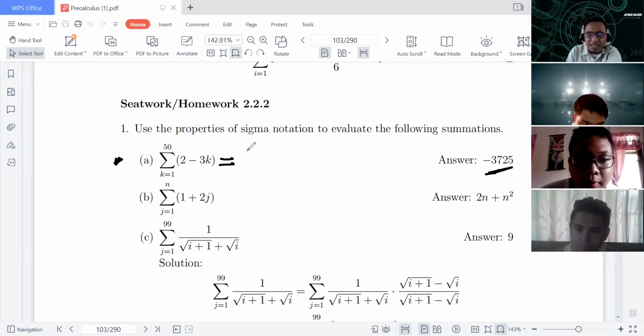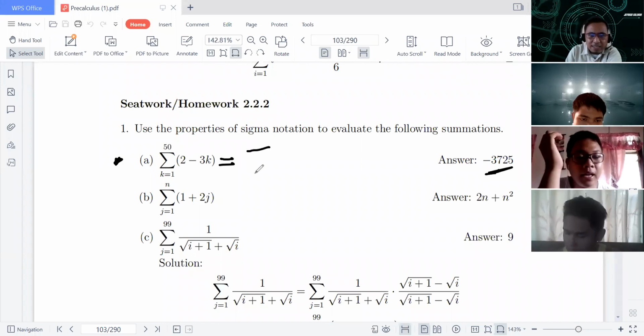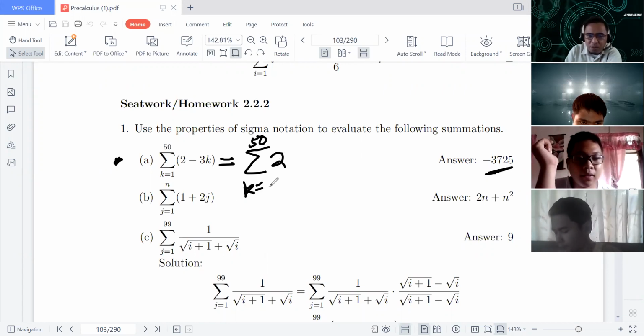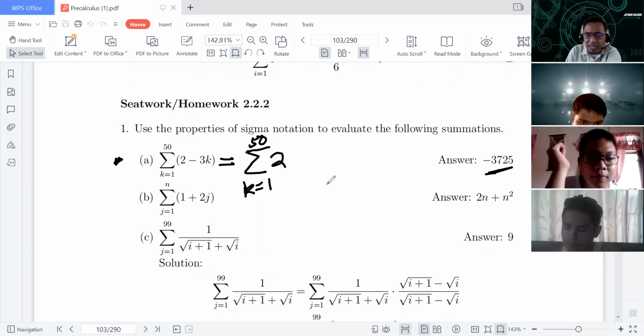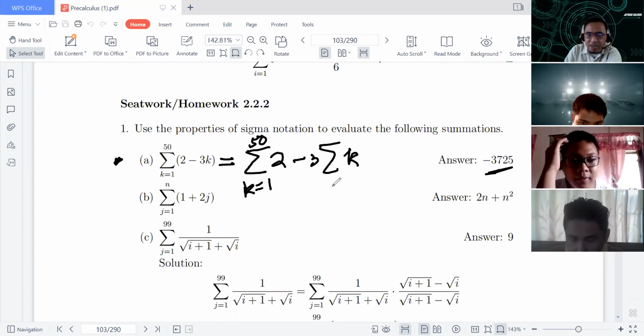You are muted, Jetro. The end is 50, so it is the summation of 2, where k ranges from 1 to 50, minus 3 times the summation of k, where k ranges from 1 until 50, right?